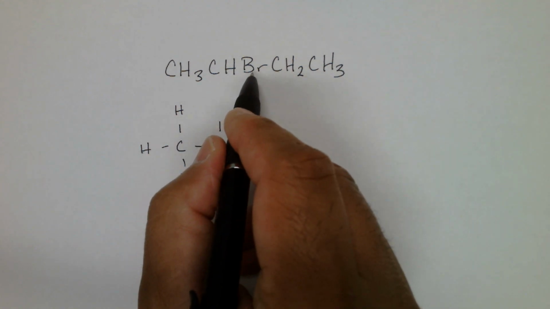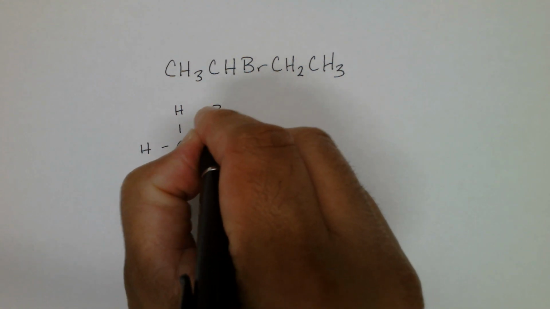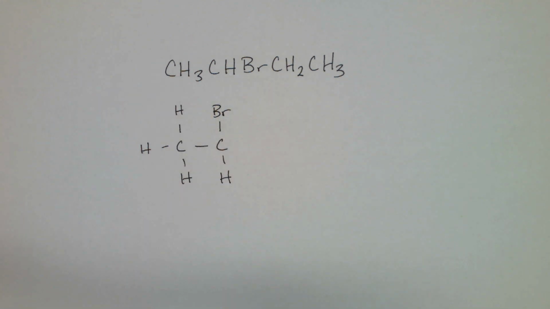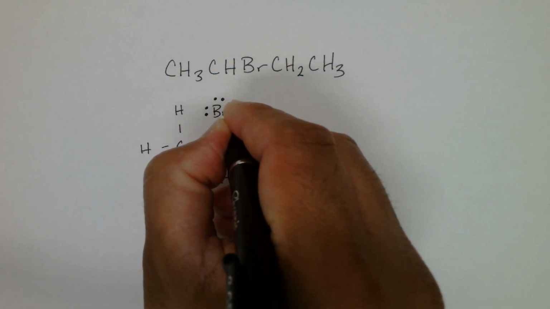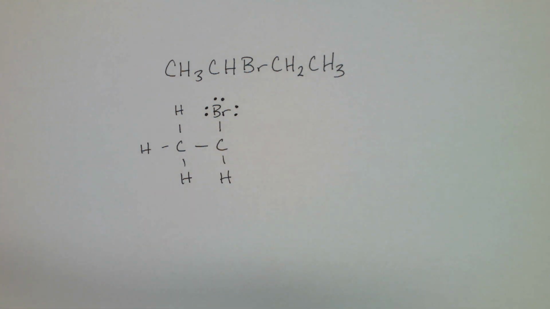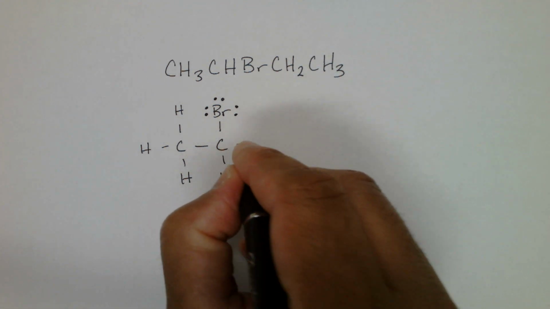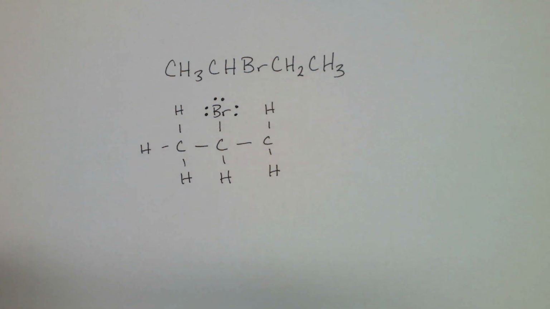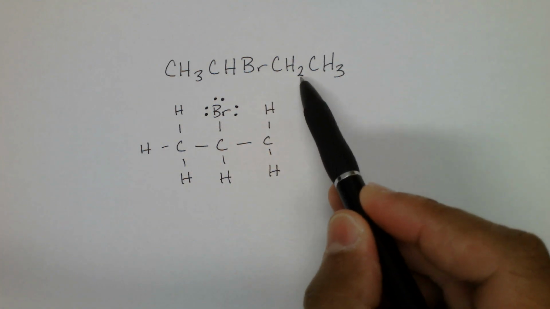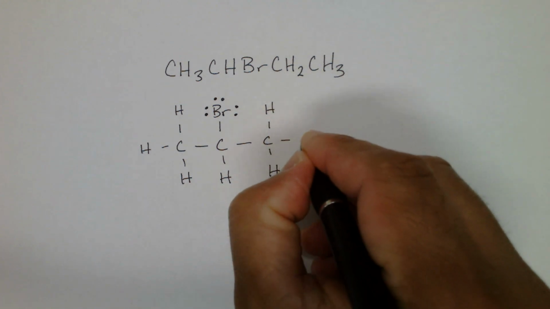And so this bromine is not part of the chain, but rather bonded to this previous carbon. Let's not forget in the Lewis structures to include those lone pairs of electrons around the bromine. There's the CH2, and then at the end, we have the CH3.